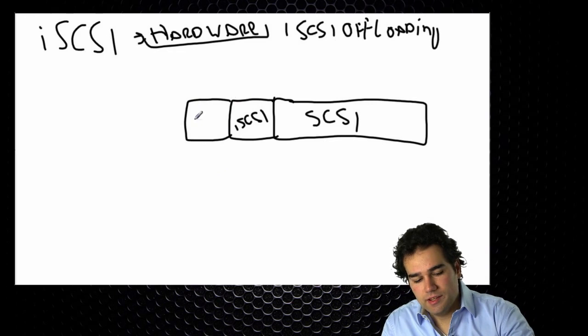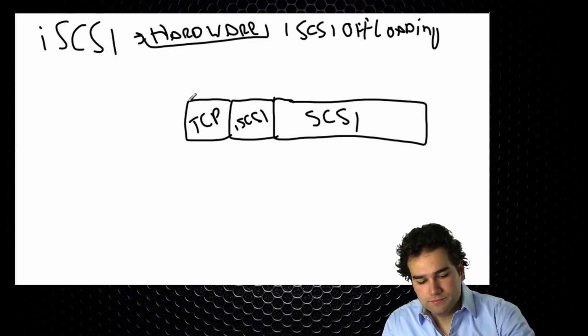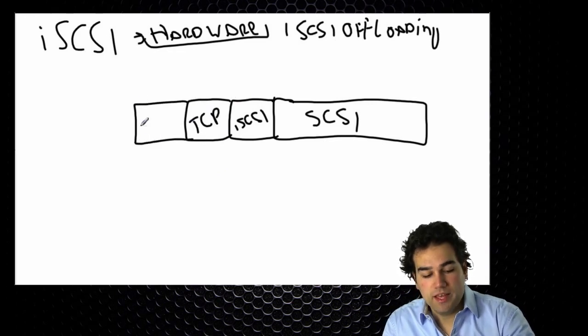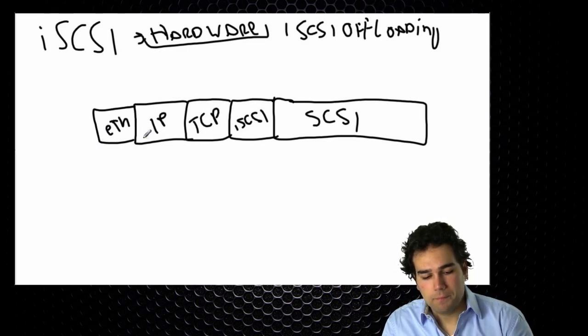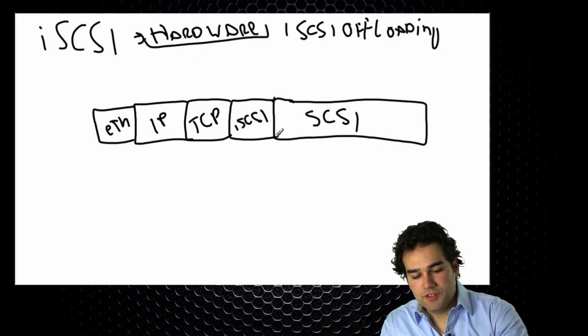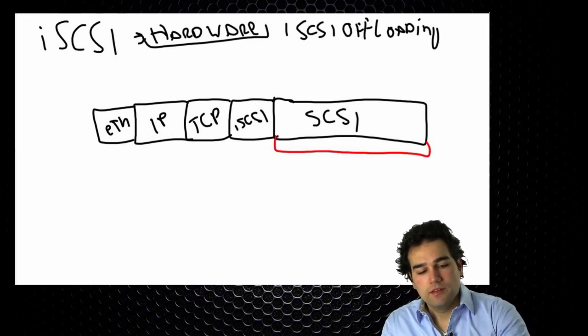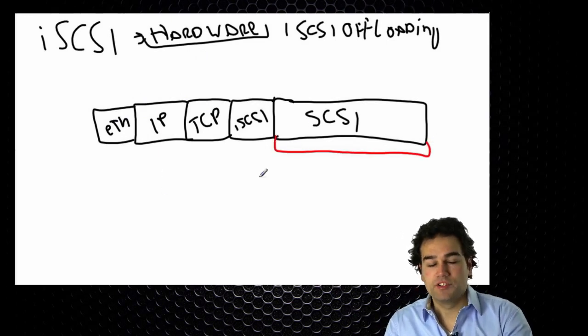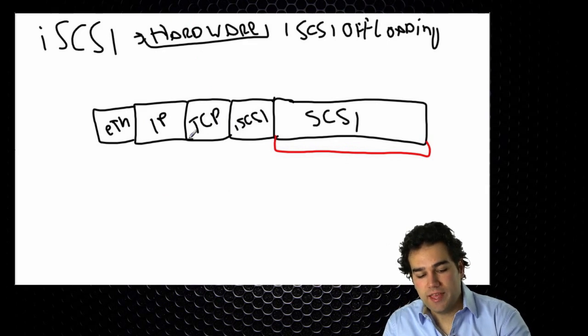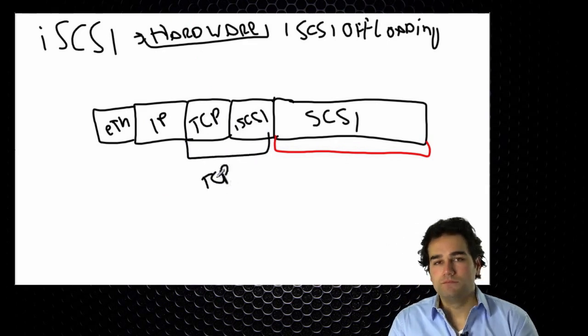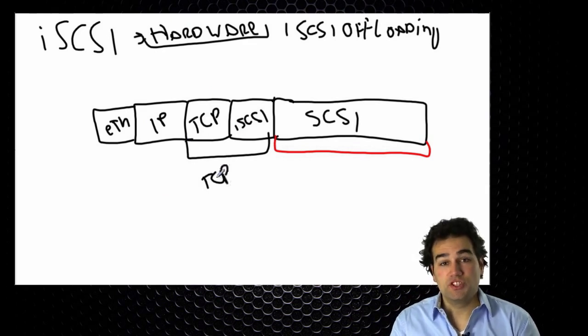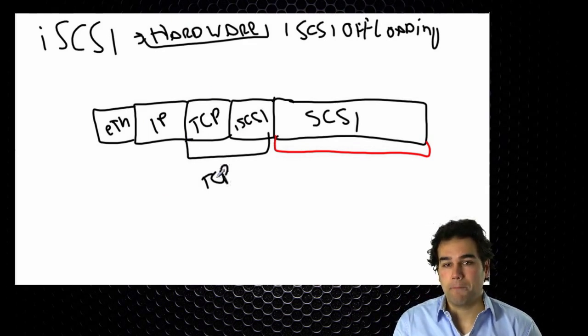Then we attach that to a TCP session or some TCP header, and of course an IP and an Ethernet header. So this is my original data packet, and you see I do not have any Fiber Channel headers in this packet. I just have a TCP header with some special iSCSI framing. So it's just a TCP session.